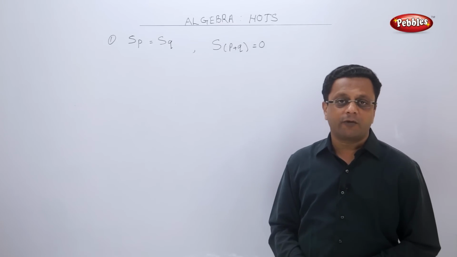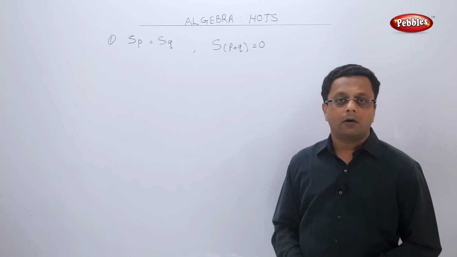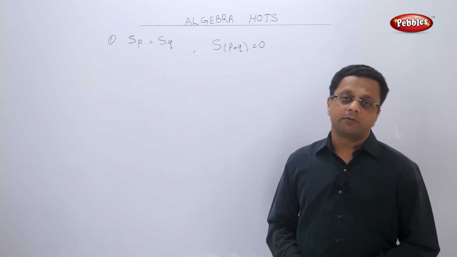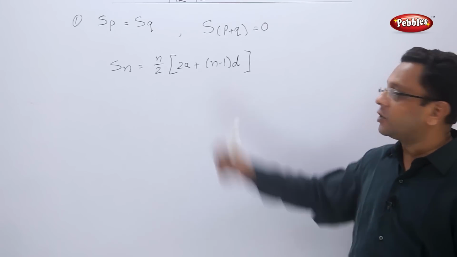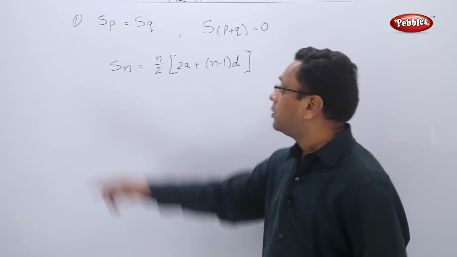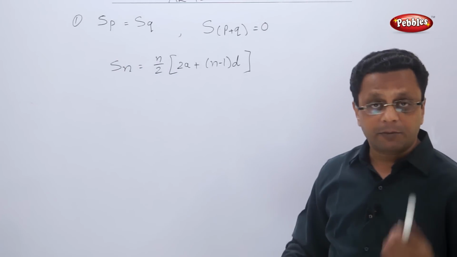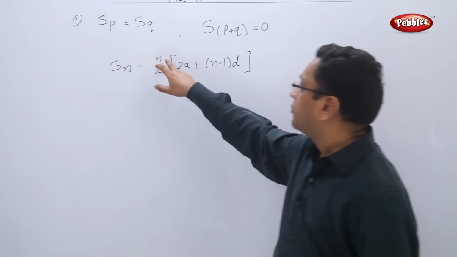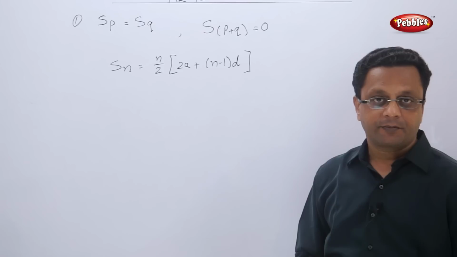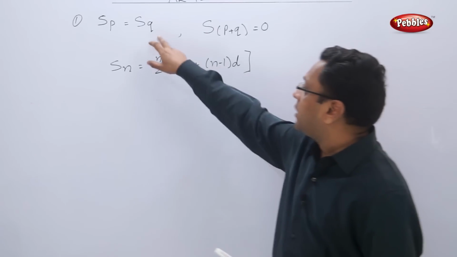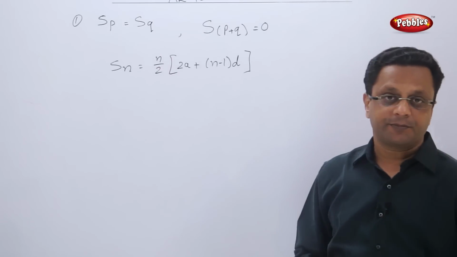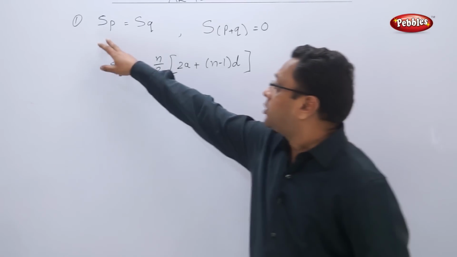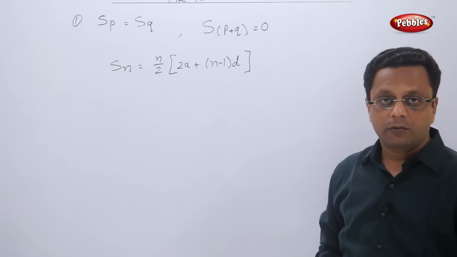You know the formula for the sum of particular terms in an AP. What is the formula? You know this formula. How will you find SP? Just substitute P for N, right? How can you find SQ? Substitute Q for N. Now we know that SP is equal to SQ.